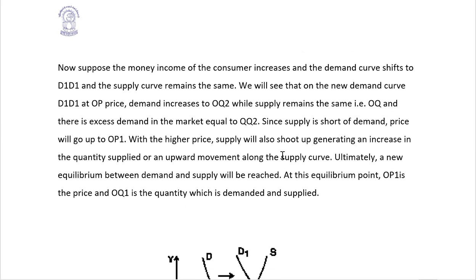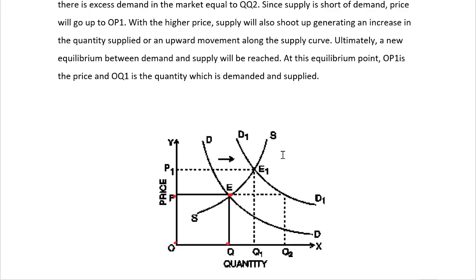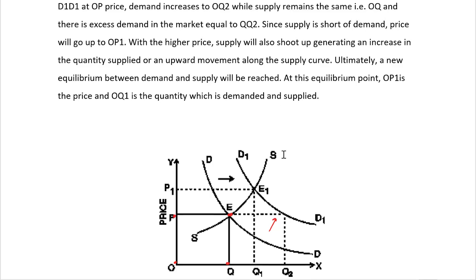Now, suppose the money income of the consumer increases and the demand curve shifts to D1. Income of the consumer increased, and because of that, there is a positive shift in the demand curve from DD to D1.